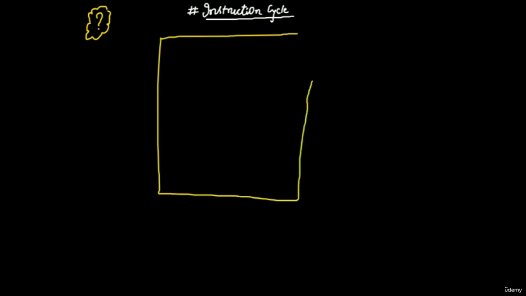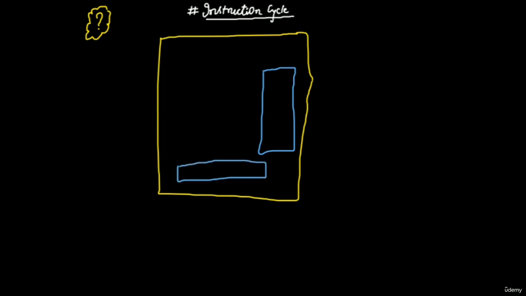So there are three key components that I'm going to draw here. This one, then this one, and let's say this is the bigger one, and this one right here. Now, what are these? Let's name them. This is memory.